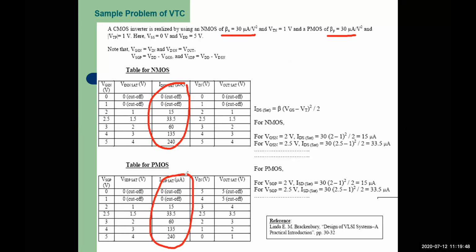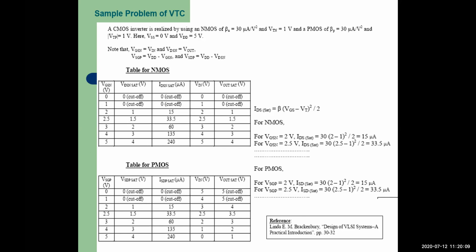I told you earlier, this will be necessary. So this is the discharging current, NMOS. This is the charging current, PMOS. They are equal. Now, our 40% work is done. Only 40%. Now we will go for the graphing, okay?